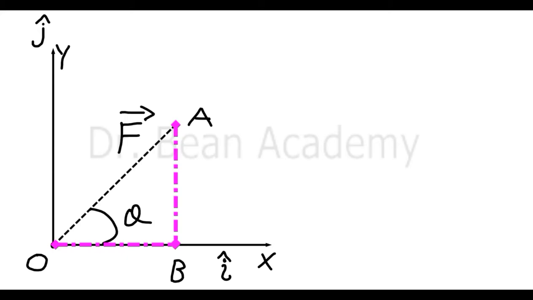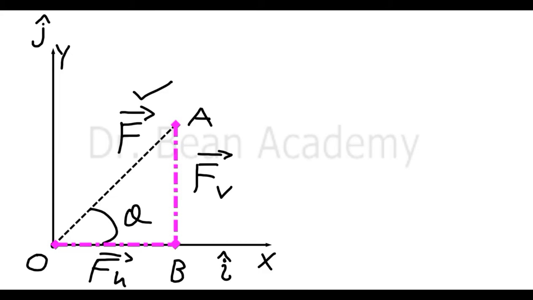I can further label the lines. For example, the line AB can be labeled as F subscript V, because this line is representing the vertical component of force F. Similarly, the line OB can be labeled as F subscript H, because this is the horizontal component of force F. Before we find horizontal and vertical components of vector force F, I want you to notice something.